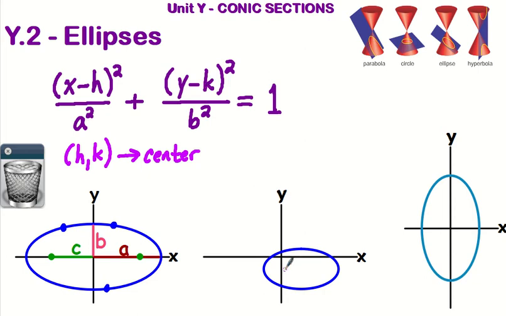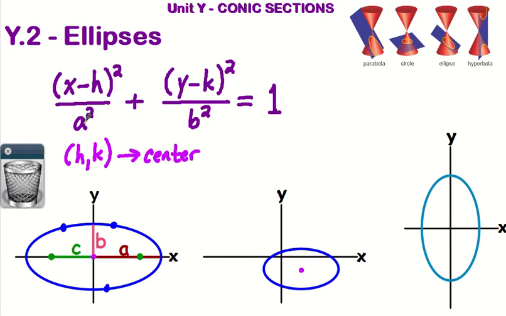If you look at this ellipse right here, it looks like we're going over a certain number and then down a certain number to get to a center. Here the center is just at 0, 0. But anyway, more on that as we go.